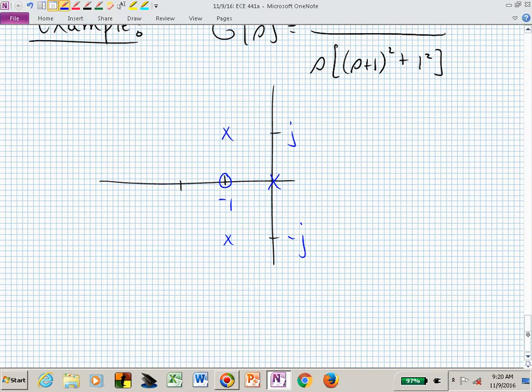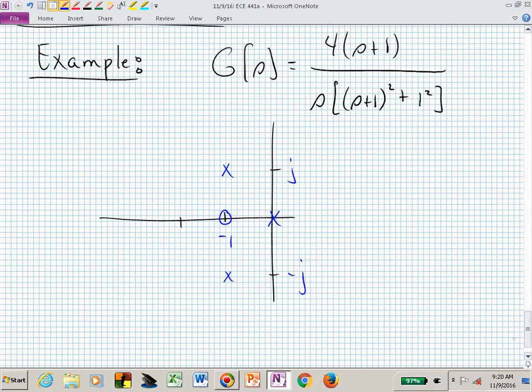That's our pole 0 pattern, and we have a nominal scaling factor of 4 in the numerator, and that will actually influence our gain when we start computing our gain later on. But what's the root locus of this pole 0 pattern look like?